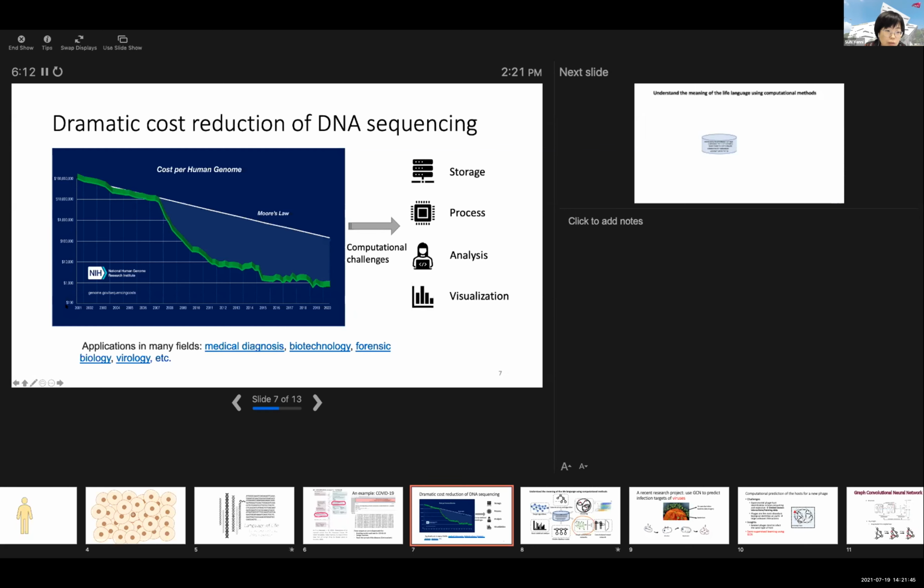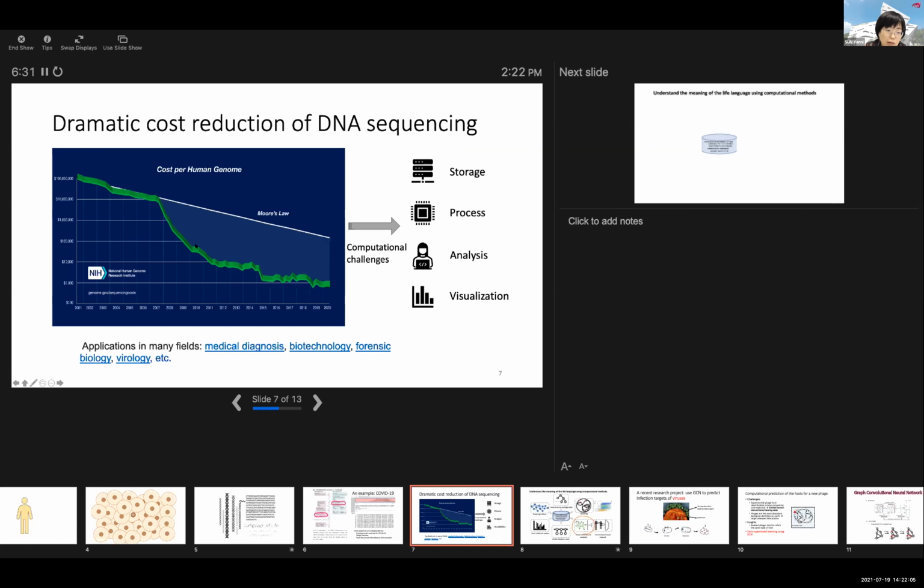The new goal is a $100 human genome. When that happens, this type of sequencing will become part of your very standard diagnosis test, like when you visit a doctor. So it will have lots of industry and research opportunities.